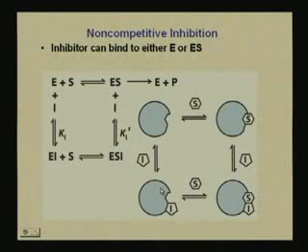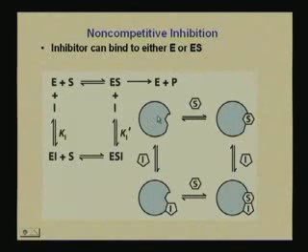Now we do non-competitive inhibition. What is the difference here? The inhibitor not only binds to the enzyme, but also binds to the enzyme-substrate complex. So it is not competing with the same site. Okay? It is rather binding to a different site.